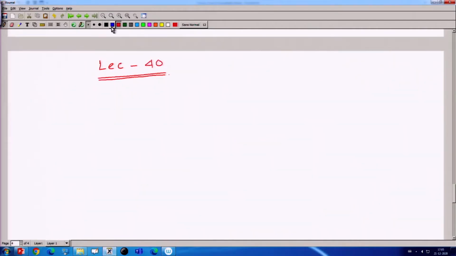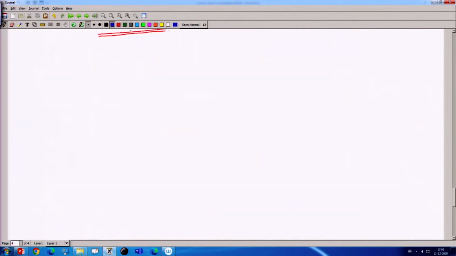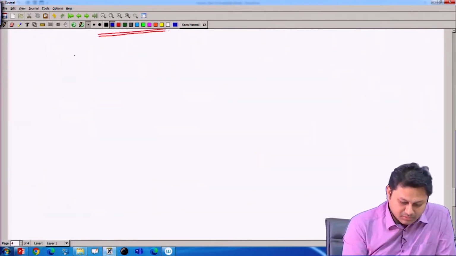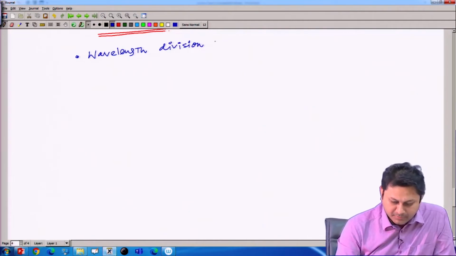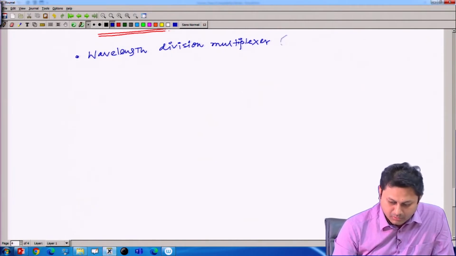So, today's topic is the WDM coupler, which is the wavelength division multiplexer, or WDM.